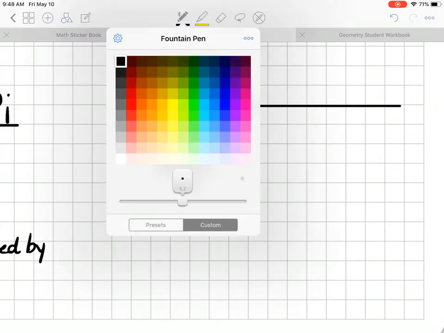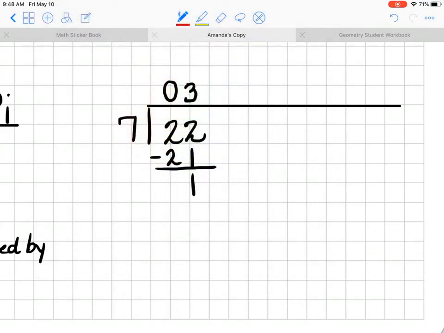And my teachers always said, you need to keep trying. Let's see if we can get this to work out. So I would add a decimal and a 0. Okay, and extend this over a little bit and bring this down. And so 7 into 10 would go 1 time, and I get 3 left over.